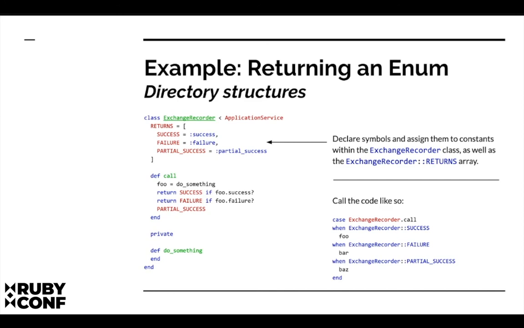And then, depending on the state, you can return one of these constants. So this will be an example service object using enums, and then in code you can call your service object with the call method, and test the return value simply by checking if it's a success, a failure, or a partial success.